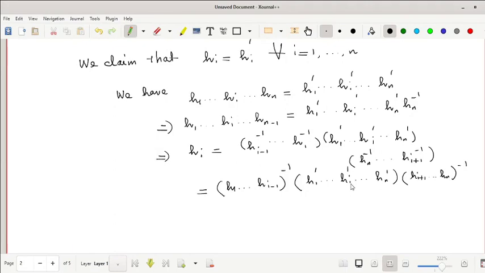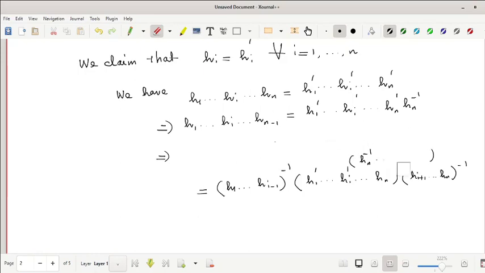I think I have to modify some steps. Let us not do this. Okay, let me erase this line. It can be simplified. So what should I do?